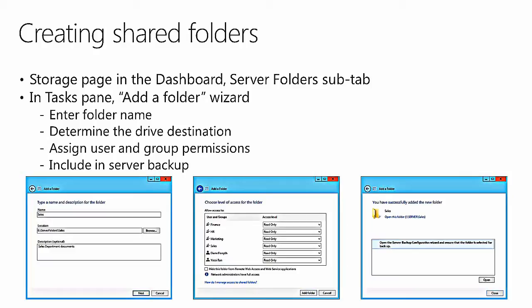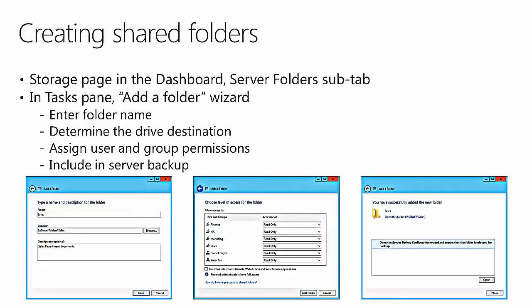So shared folders are not difficult to create, and we just make it a little easier in the Essentials environment. So really, as you create a new shared folder, you only need to provide some very basic information: what the name of the folder is, what volume you want to use to store that, and then assign user and group permissions.